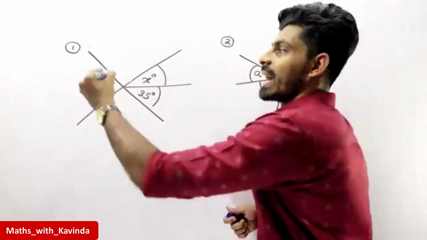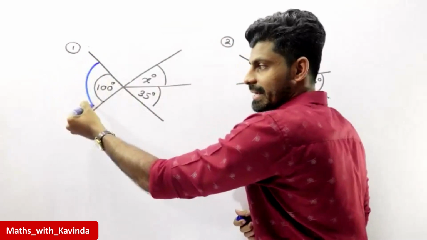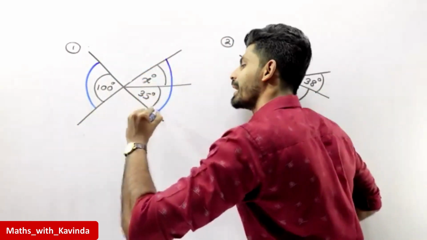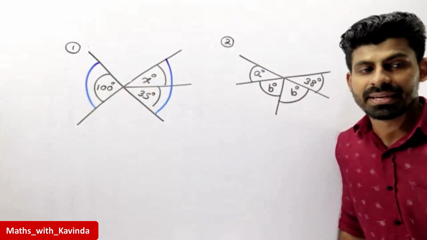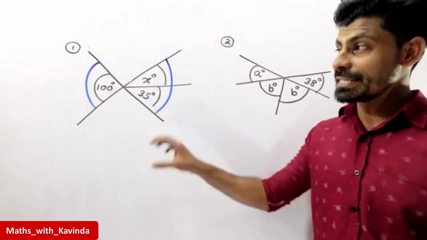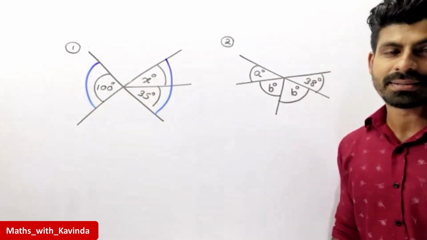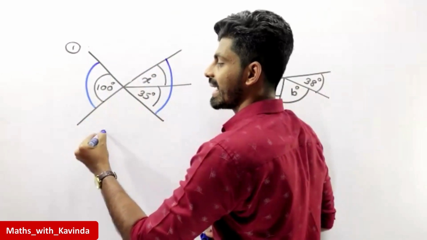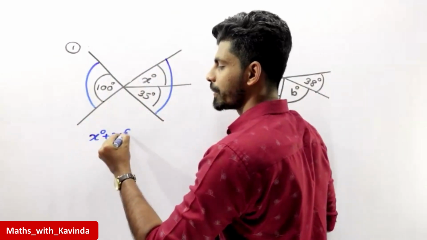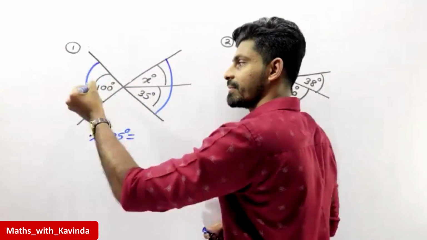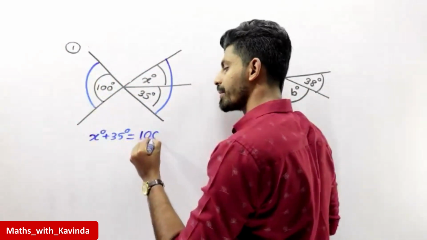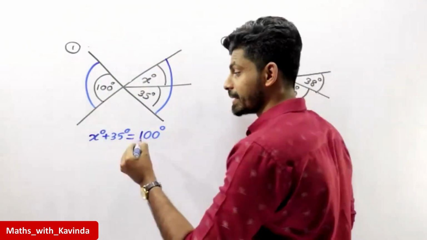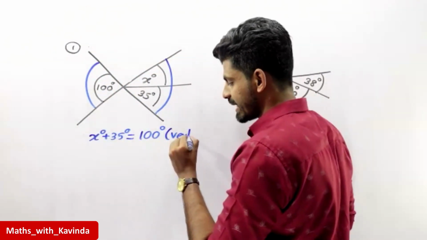Look at the vertically opposite angles. That means 100 equals this full angle. So we can write down x plus 35 equals 100. What is the reason? Vertically opposite angles.